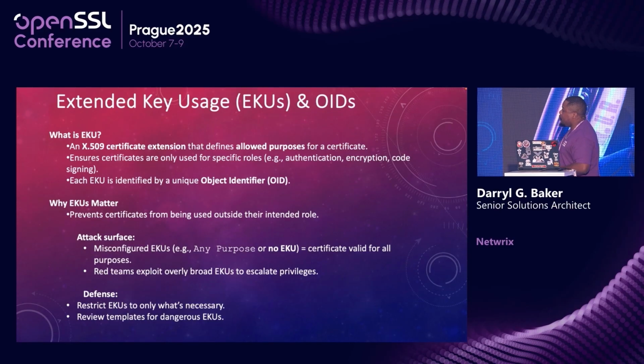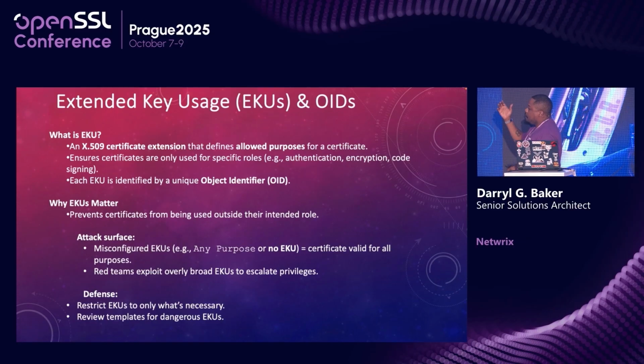Extended key usages, known as EKUs, are basically a set of OIDs, and these OIDs are a string of numbers separated by periods that specify what that certificate can be used for. So whether it can be used for client authentication, code signing, etc., there's an OID that correlates with that. The reason this matters is because EKUs can both prevent a certificate from being used outside of its intended role, but can also allow a certificate to be used outside of its intended role.